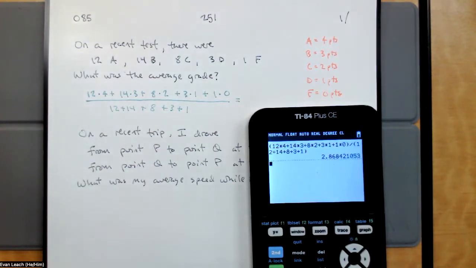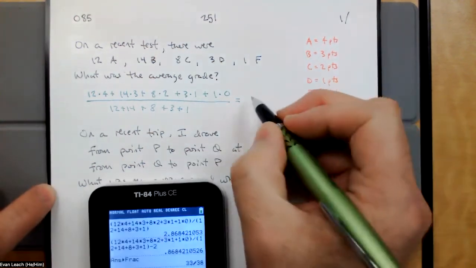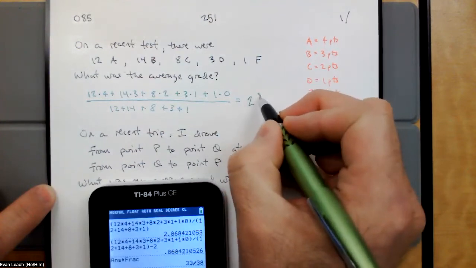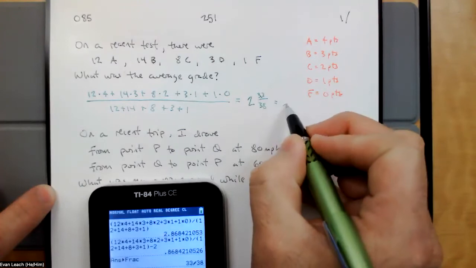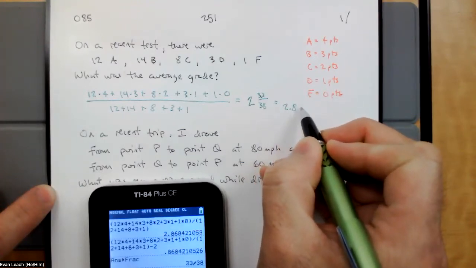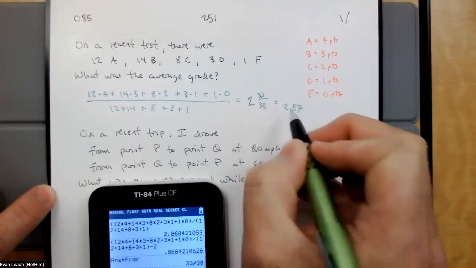So we end up with a 2.868, which is 2 33/38. We'll call it 2.87.